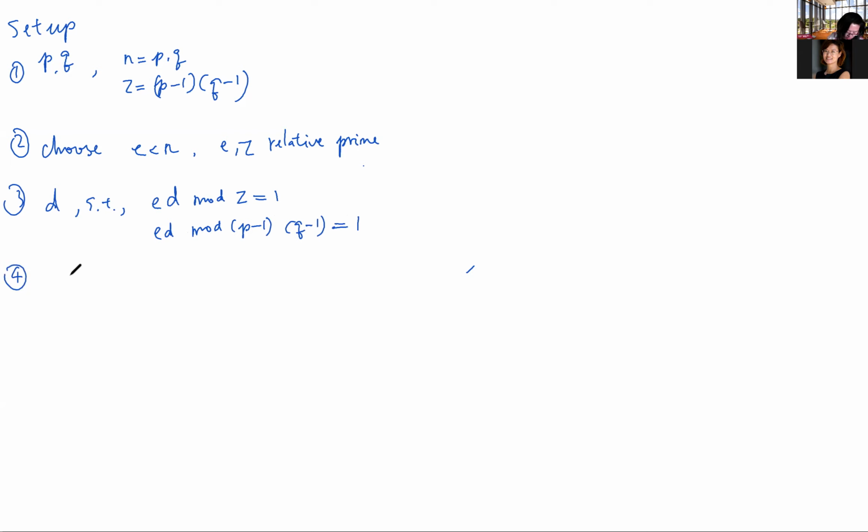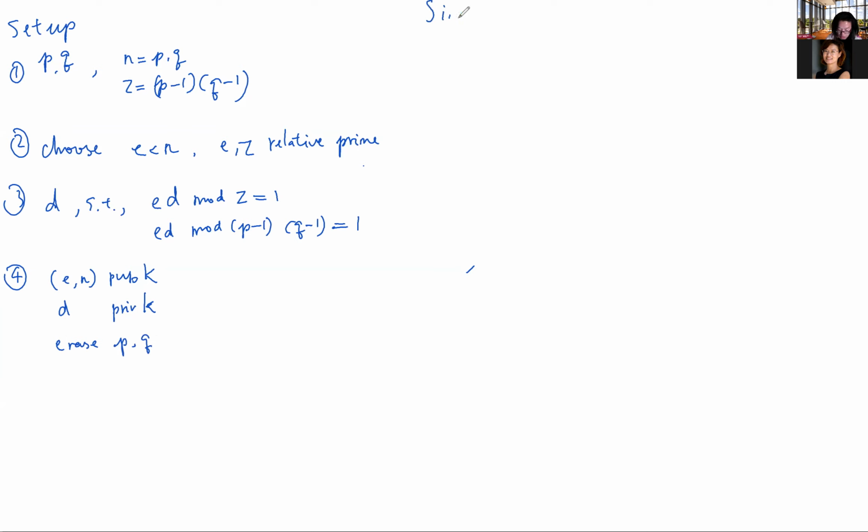Right, so E and N are the public key, D is the private key. And similarly, you erase Q and P.